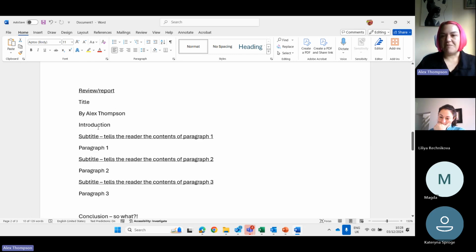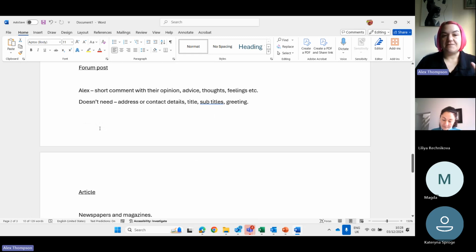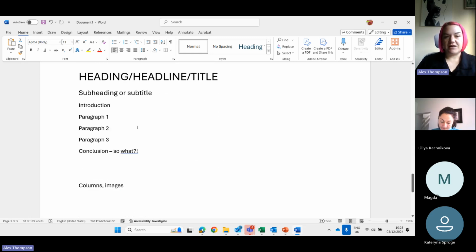The review or report, again, everything looks slightly different, but the meat, the important bit in the middle with the introduction, the 3 paragraphs and the conclusion is the same in every piece. So the article, there we go, there's the last one.